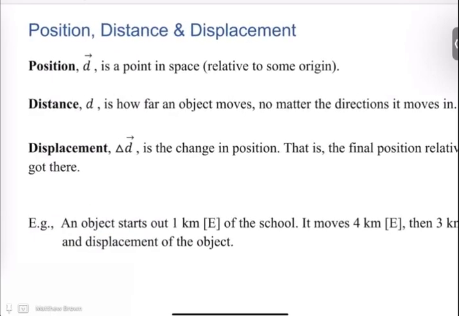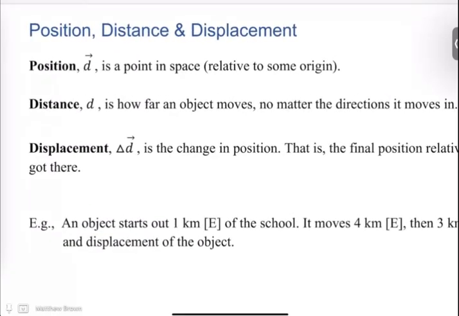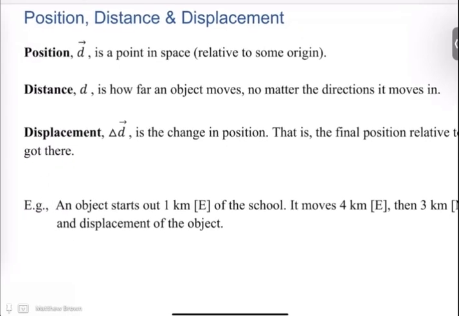But note it as a vector, even if you're just using a positive negative system. If it's position, it's technically a vector. Distance, the second one here, is just how far an object moves, no matter the direction it moves in. So you just basically add up however far you move, and that's your total distance.